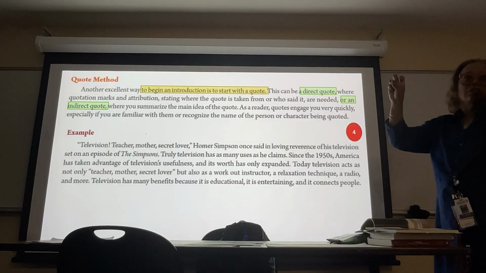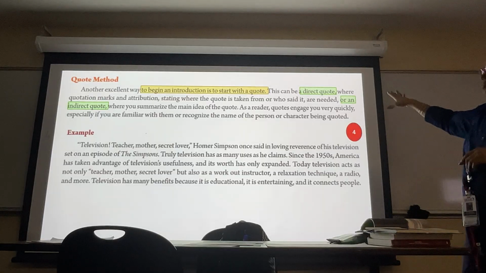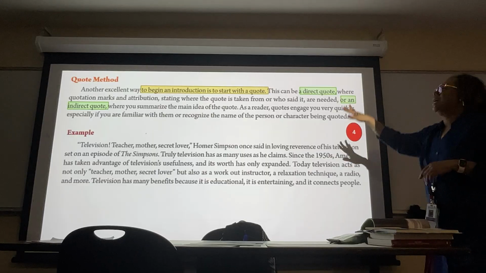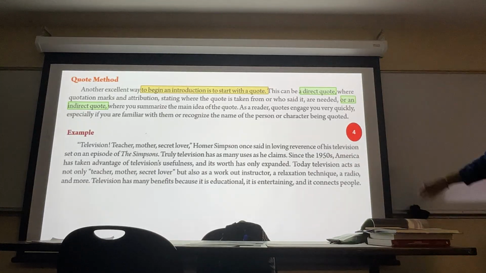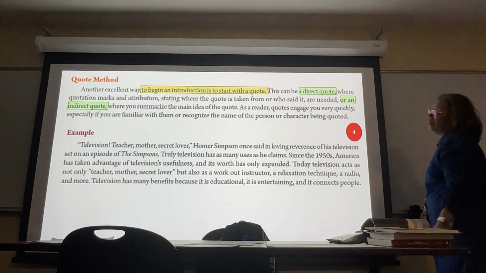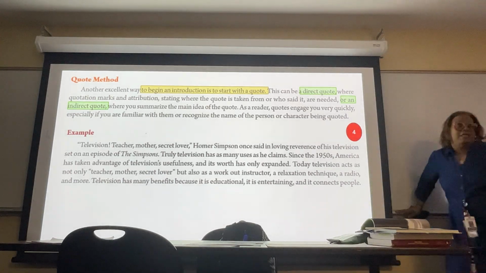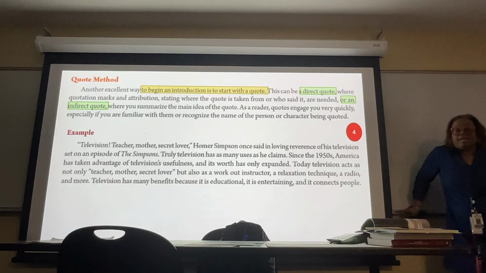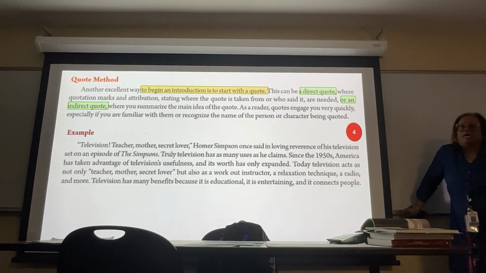It's a quote, got it? That's needed, but an indirect quote, you'll summarize it, the main idea of the quote. So, I'm fussing with somebody about whether or not we should be having kids. And I'll sit there and say something like, well, my grandma always said, oh my gosh, what did my grandmother always say?